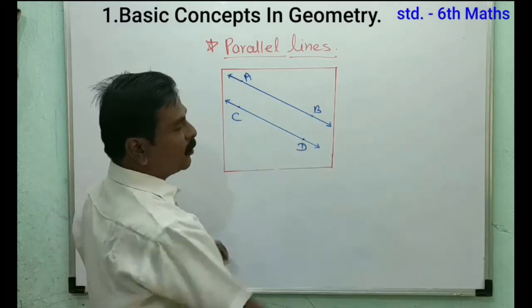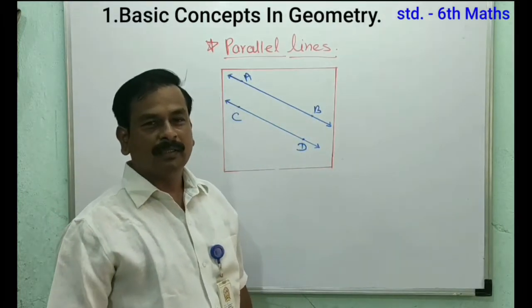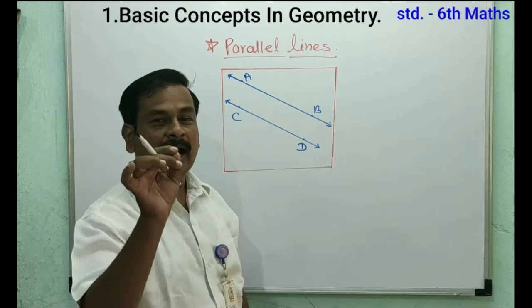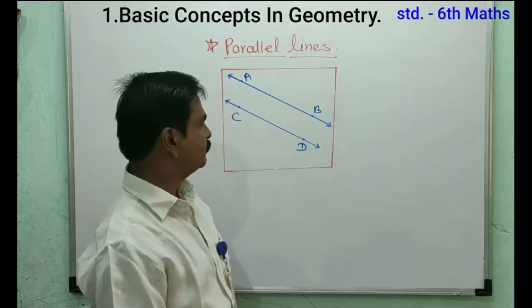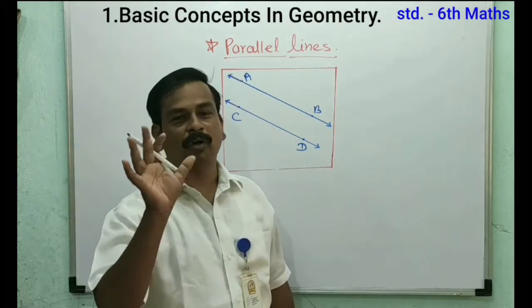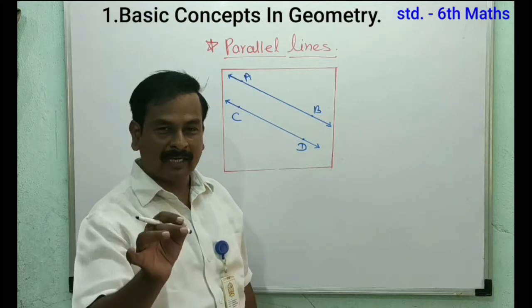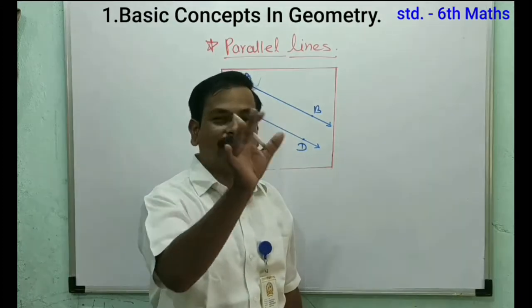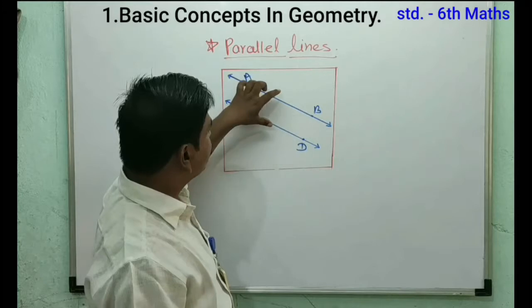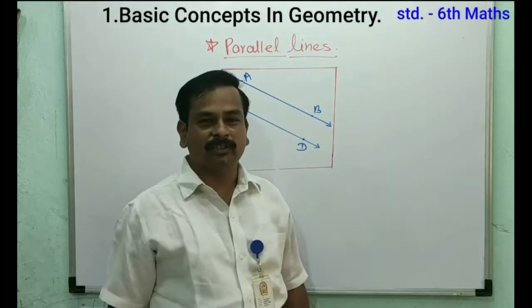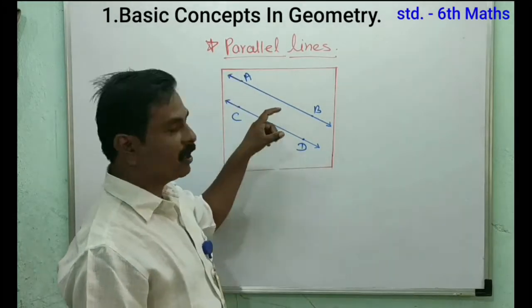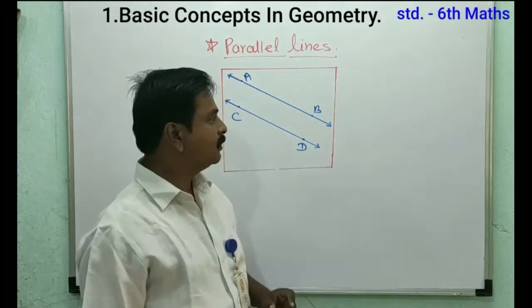What is the definition for this? The lines lie in a single plane. This is the most important point. Lines that lie in a single plane and do not intersect each other are called parallel lines.